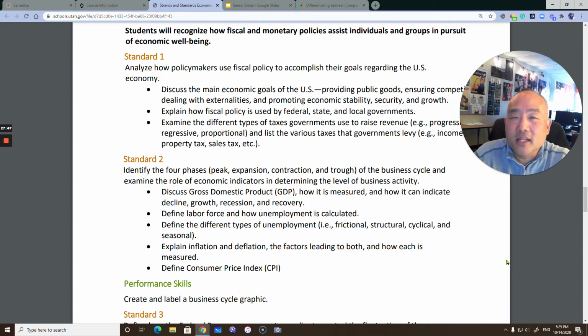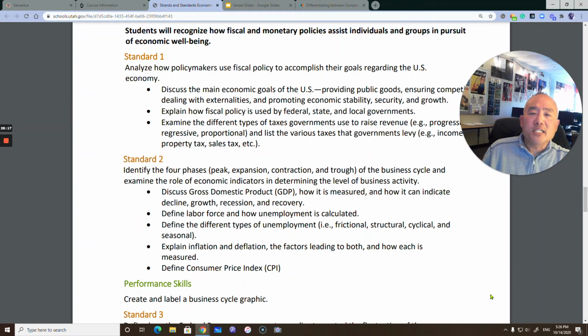And then we could hit the trough, and in that trough we could be experiencing a short-term downturn in the business cycle, and that's what we call a recession. But if that recession extends beyond 18 months, then we're likely going to call that either a really bad recession, like the last example, 2008, the Great Recession, or we're going to move into a depression.